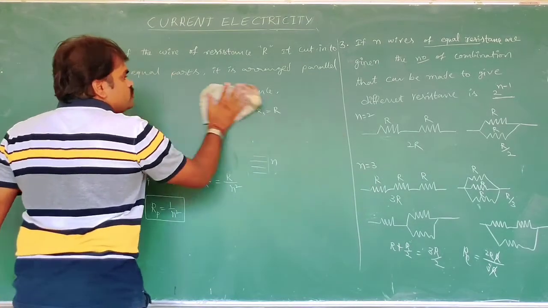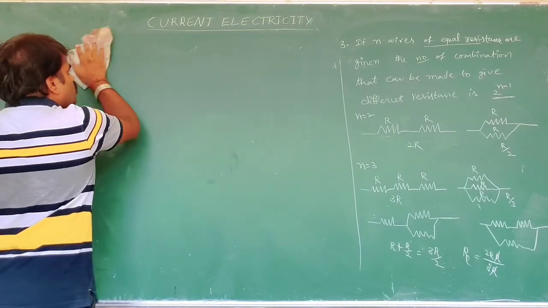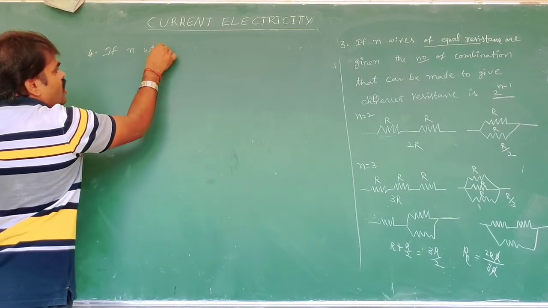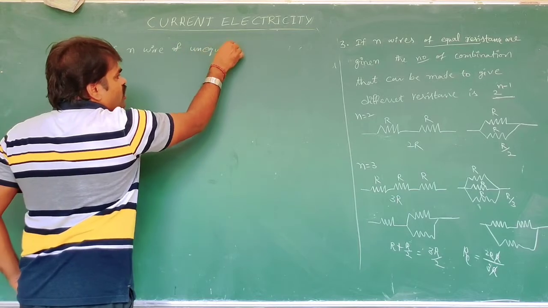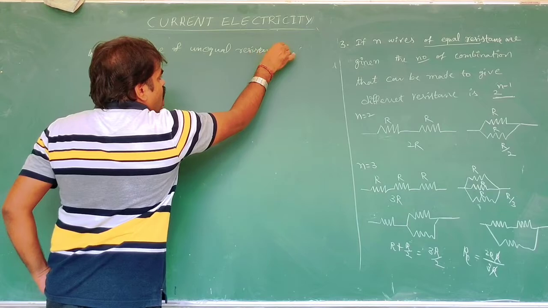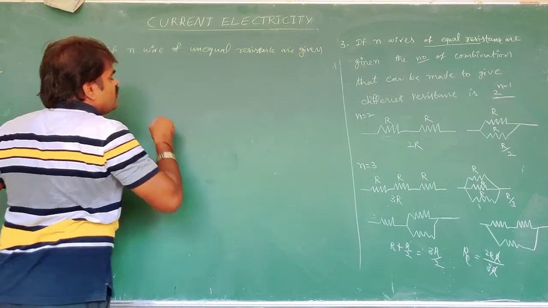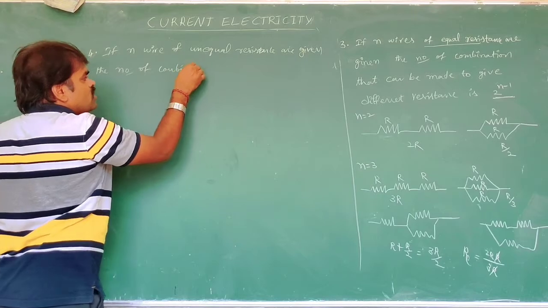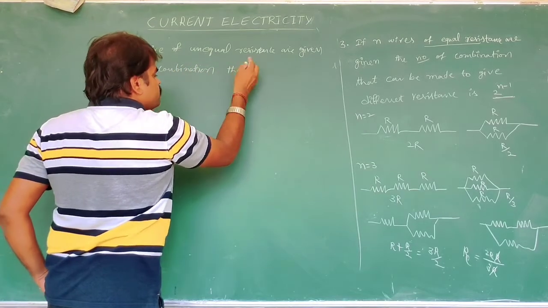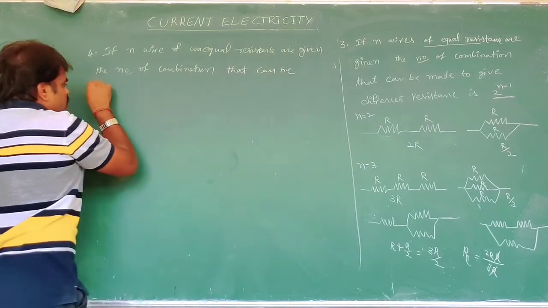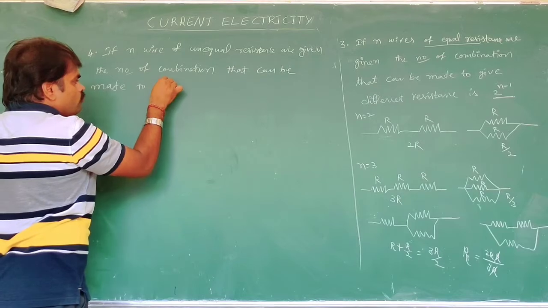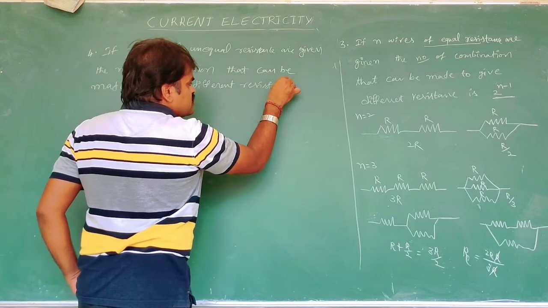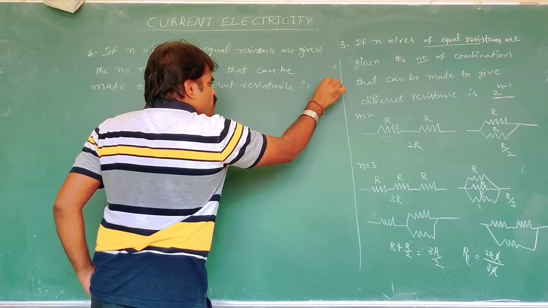Now we are going to the fourth one. If n wires of unequal resistance are given, the number of combinations that can be made to give different resistances is 2 power of n only.